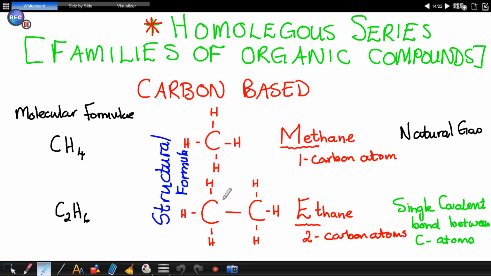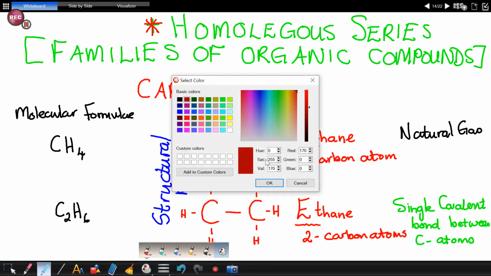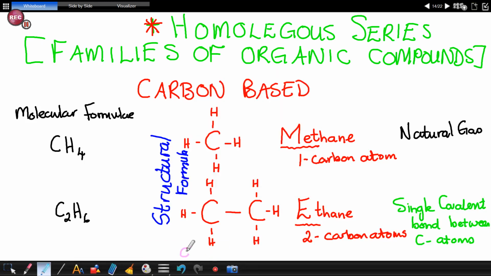This is the structural formula, right? I can shorten it a bit. I can say C, oh, color not coming out nicely. Let's change this color. Brown. I can write CH3, CH3 to represent that molecule.